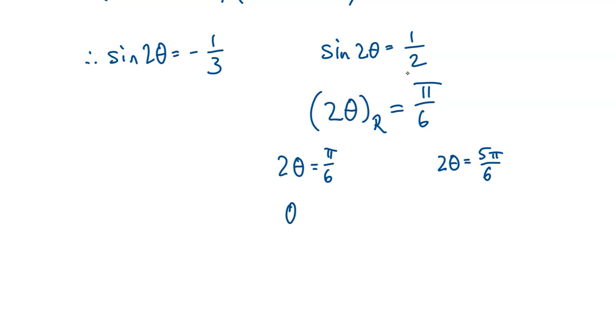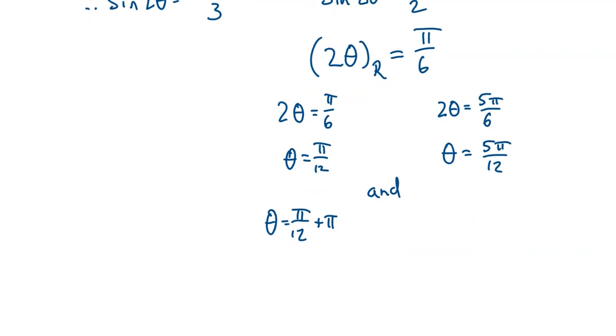Now we can divide by 2. So that's 1 plus 12 is 13. Five plus 12 is 17.